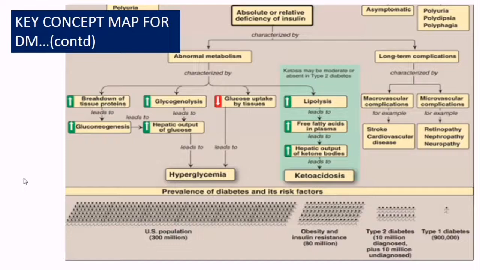Ketosis may be moderate or absent in type 2 diabetes because of the availability of a little insulin. Increased lipolysis leads to an increase in the free fatty acids in the plasma that leads to increased hepatic output of ketone bodies that leads to ketoacidosis, especially in type 1 diabetes.